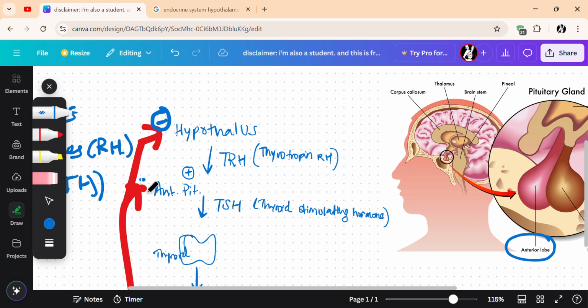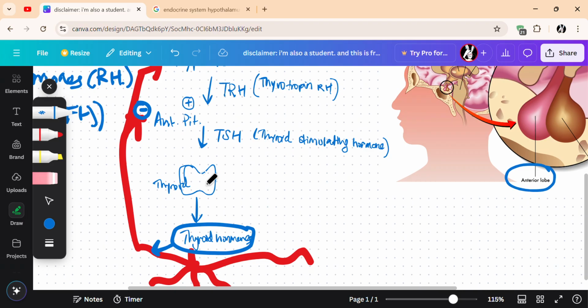It will also inhibit the anterior pituitary. As a result, the inhibition of TRH will cause an inhibition of the activation of the anterior pituitary and its release of TSH, in addition to the effect we get from the thyroid hormone inhibiting the anterior pituitary. And so we'll get a generally decreased effect.